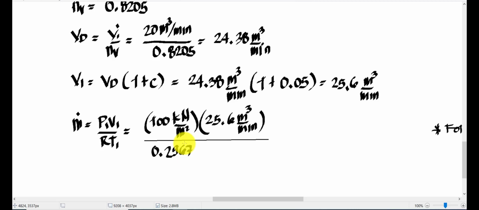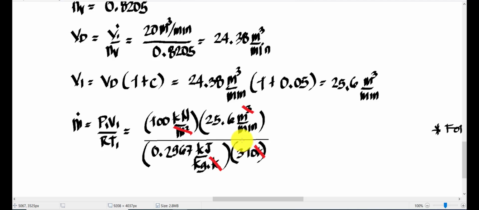Then, so this will be kilojoule per kilogram Kelvin. Then it will be multiplied by the temperature, which is 310 Kelvin. So this is Kelvin, so cancel out our common units here. Kelvin will be cancelled out. Square meter here.